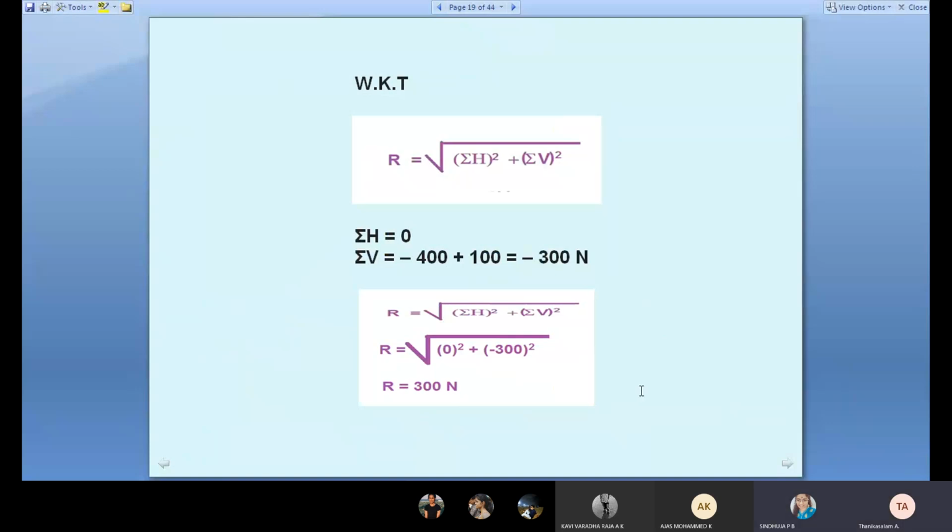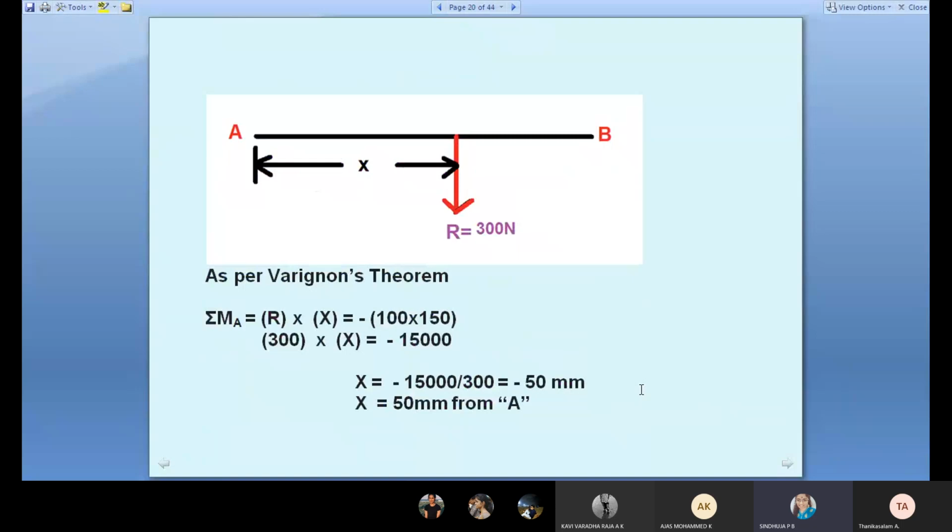Then by applying Varignon's theorem, the resultant force moment equals the summation of individual force moments. Since A is the reference point, we should not take that force.